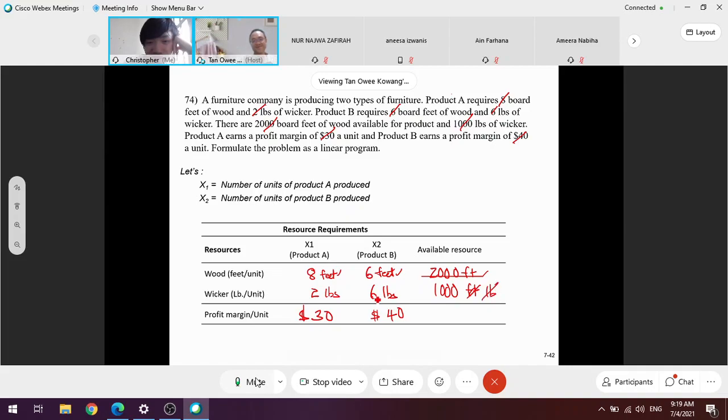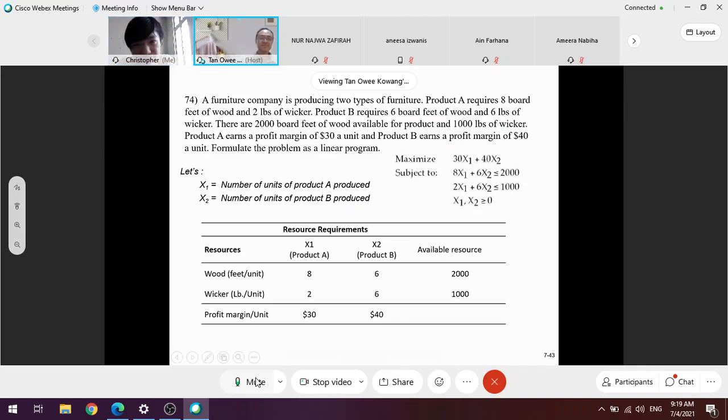Then pound. Okay, all units are the same. So I can use this, then I can start. You see? Maximization just now, but it's better to add Z here. Maximization. Then 30 x1, 40 x2.